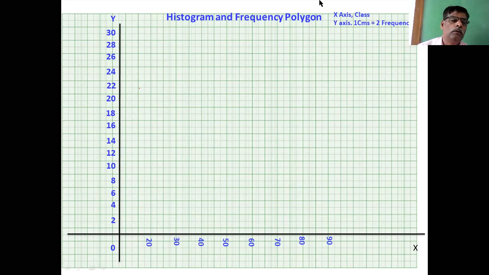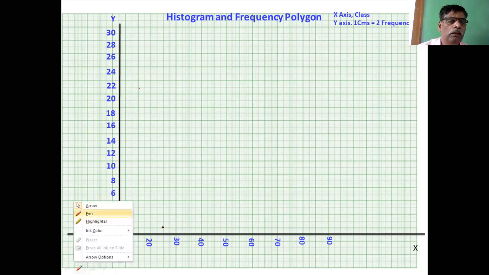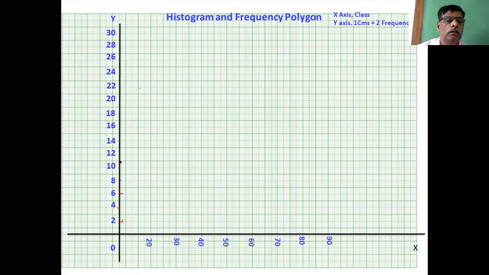Then if you want to mark the values, you may mark the values also. With the help of pencil, you may mark the values. This is 2, this is 4, this is 6, this is 8, this is 10, this is 12.